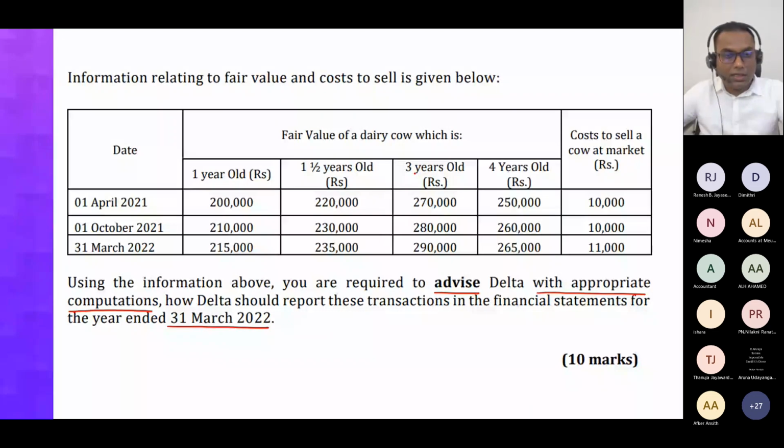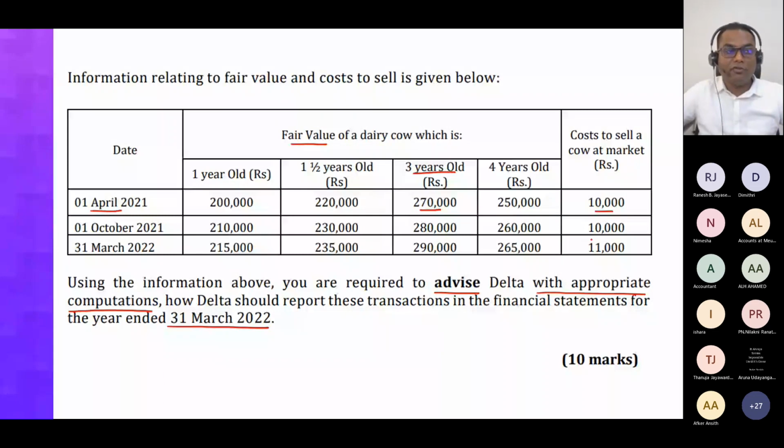3 years old, 1st April 2021. What is the fair value? 270,000. Remember, the measurement is not at fair value but at fair value less cost to sell. On 1st April 2021, to sell a particular cow in the market, there's a selling cost of 10,000.